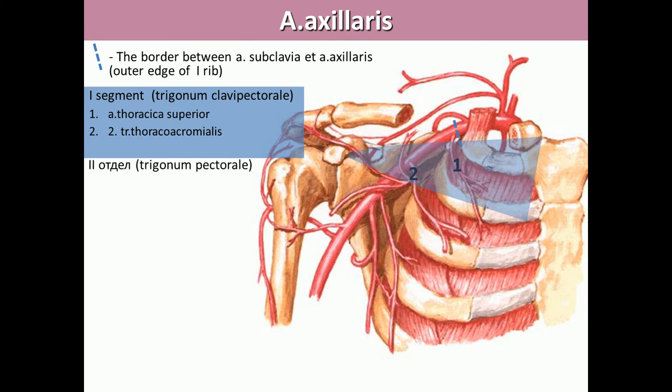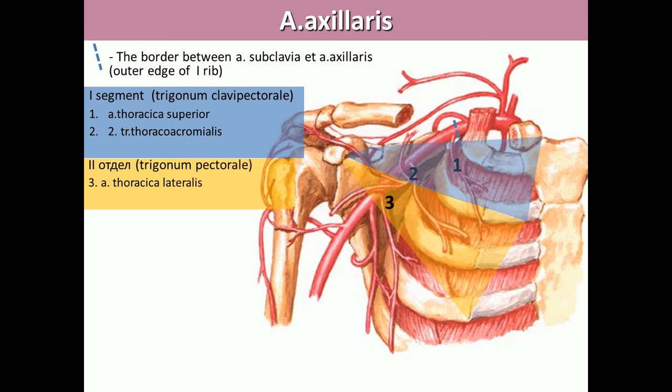Now the second segment, trigonum pectorale, we shall use this yellow color to demonstrate it, and here we can find only one vessel, number 3, arteria thoracica lateralis.